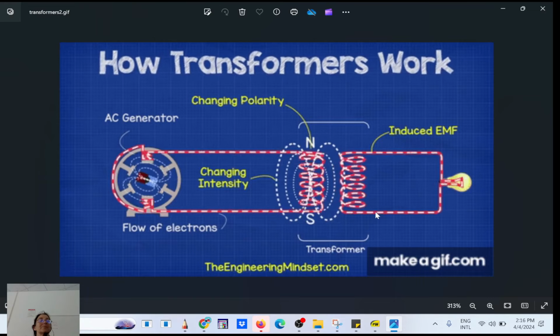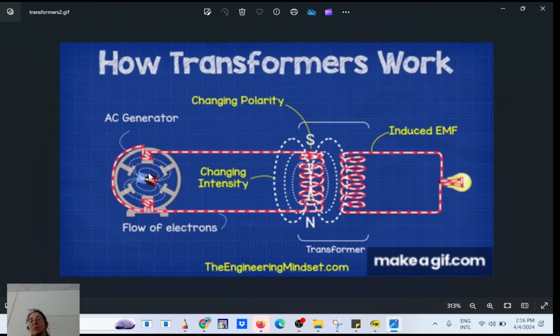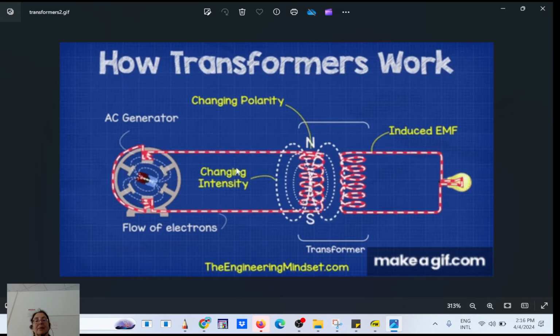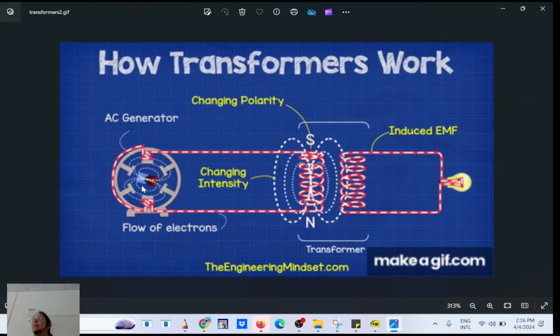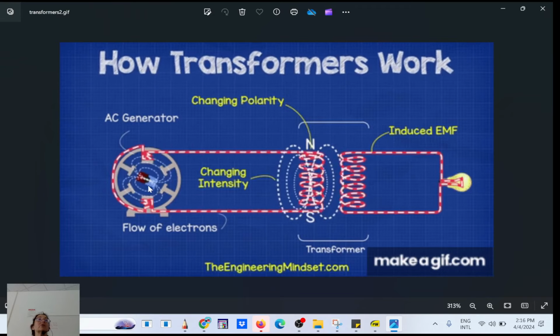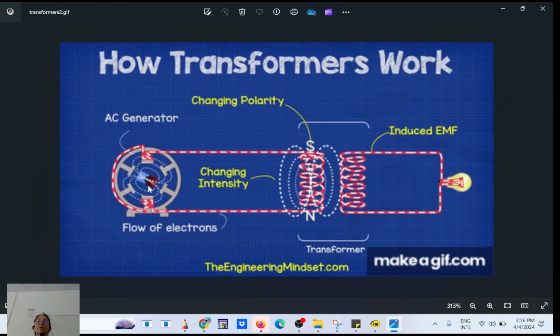Right? See that? So here you have your power supply. It could be your turbine. Okay, so in a powerhouse, you have a turbine. You make it spin because you are burning fuel. Let's say you are burning coal. Okay, so you burn coal to boil water. Water goes into steam. Steam will make your turbine move.